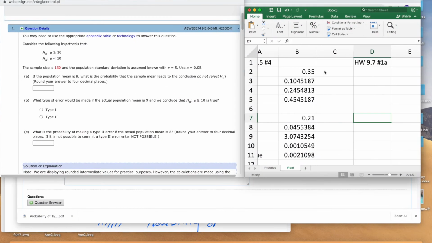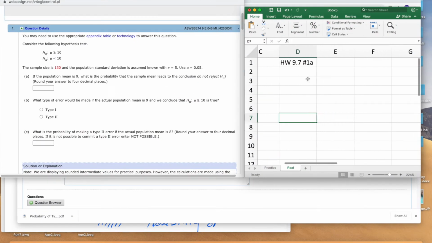So I'm going to start writing this information down. What do we got? We have a null mean, so I'm going to call that mu naught. This letter is said mu naught. That's 10. That's always the number that appears on the right side of the hypothesis test.